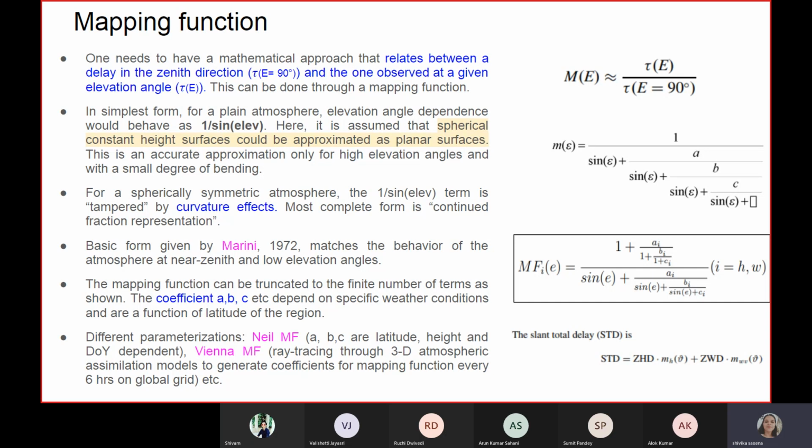The values are fixed according to the location of the site as well as the time of the year, while the Vienna mapping function gives a more accurate picture, as it traces the signal as it changes direction while propagating through the atmosphere. So the Vienna mapping function will give us a more accurate, real picture of what is happening to the signal.